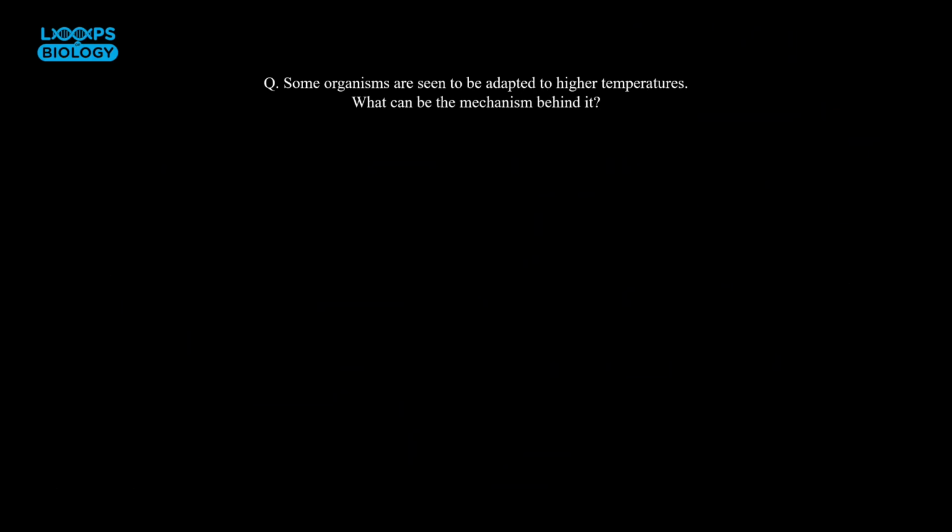Now, some organisms are seen to be adapted at higher temperature. What can be the mechanism behind it? Whenever I am talking about higher temperature adaptation, adaptation is one of the skills where there can be mutations within DNA.